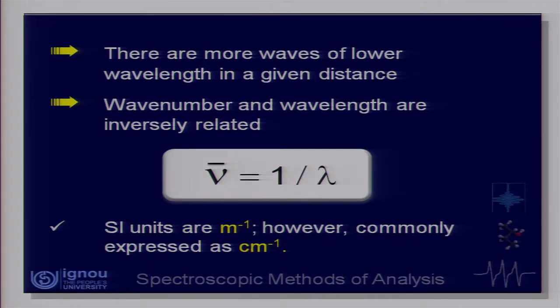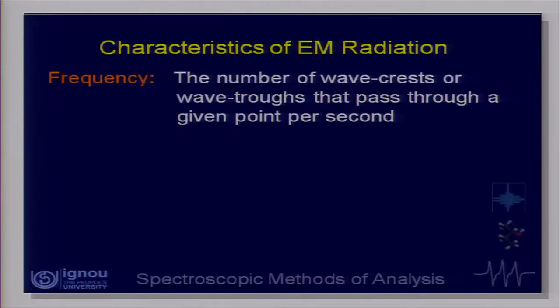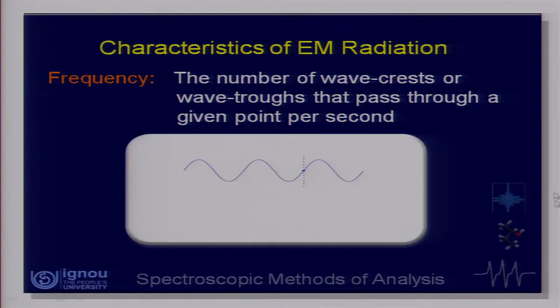Okay. Now, let us move to the next characteristic of EM radiation, that happens to be frequency. Frequency refers to the number of wave crests or wave troughs that pass through a given point per second. Let us look at this picture here. Let us see that this wave is moving, and we have this point of reference here.